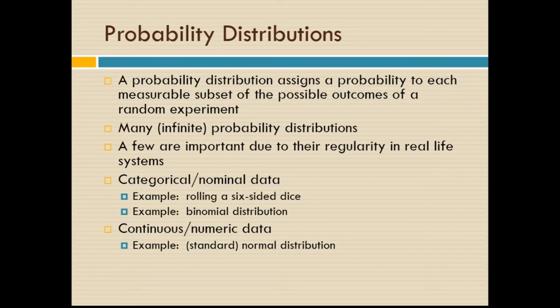If I roll a six-sided die, I cannot get an outcome of 1.4. The value is either 1, or 2, or 3, or 4, or 5, or 6. You can't get anything more than that or less than that, and you can't get anything in between. You're not going to roll a 2.78. So we've got a countable number, and they're mutually exclusive categories.